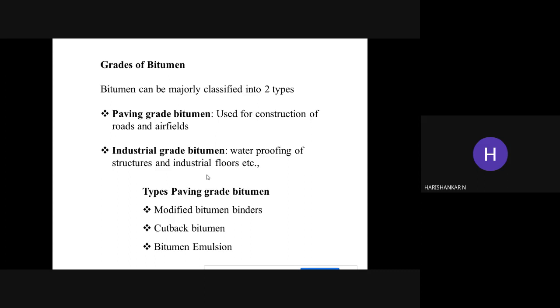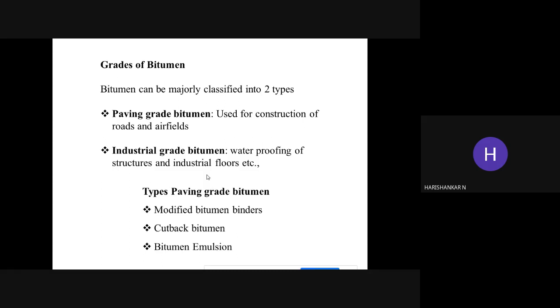In the same way, for the bitumen mix you have the grade, and bitumen also has grades. So how are the grades decided? The grades are decided by conducting some quality tests. These quality tests can be anything. In practice, we have two quality tests to determine the grade of the bitumen: the penetration test and the viscosity test.